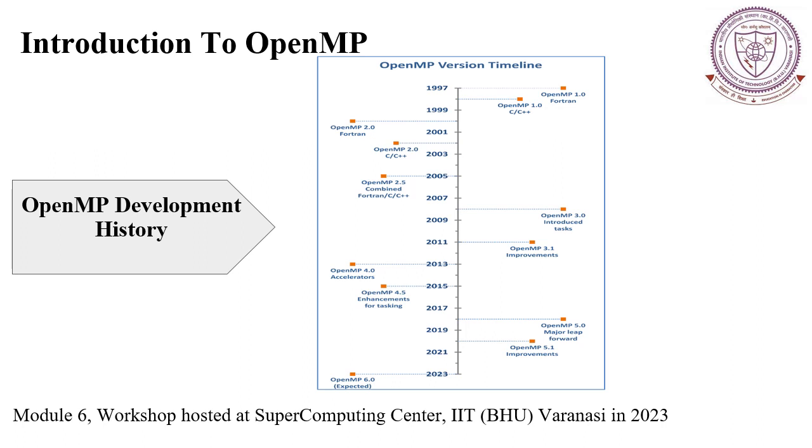Then OpenMP 4.0, released in July 2013. It introduced support for accelerators such as GPUs and provided new features for task dependencies and thread affinity control. Then OpenMP 5.0, released in November 2018, added support for deep copy semantics, improved GPU offloading, and introduced error handling mechanisms.